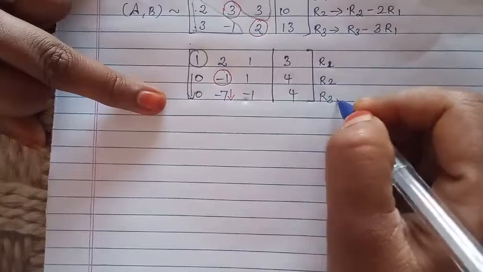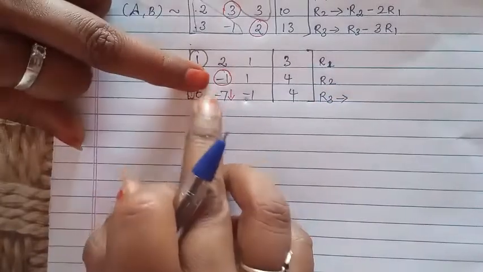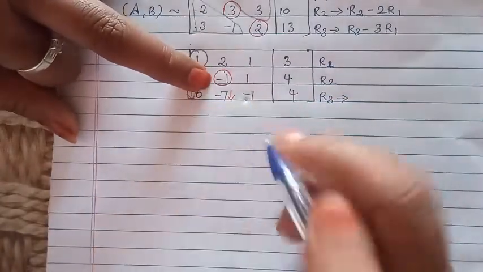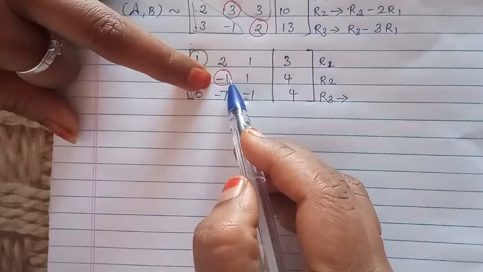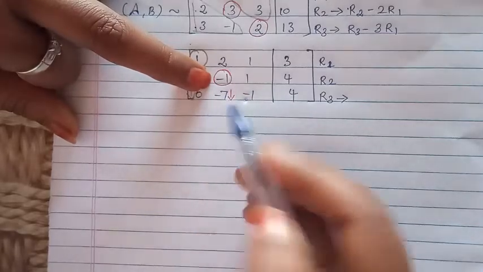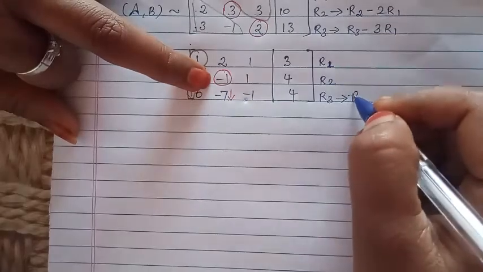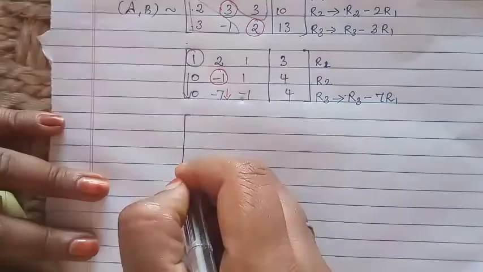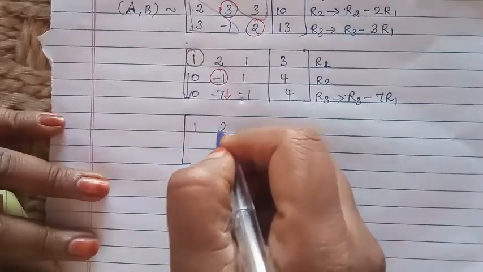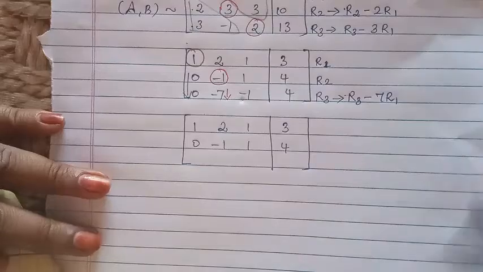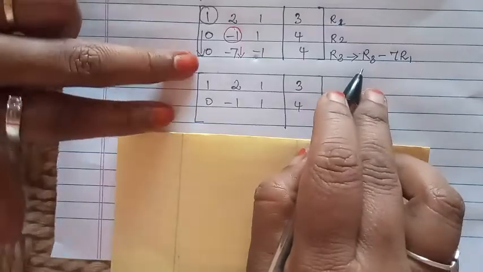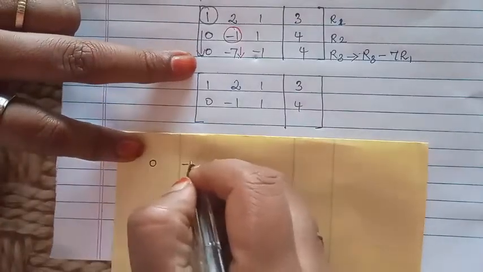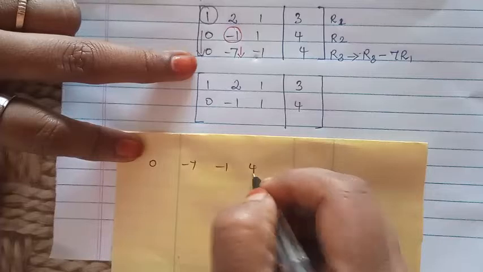How can you reduce that? Here it is minus 1, here it is minus 7. So when you multiply this with 7 and subtract it, you will get this as 0. So R3 minus 7 into R2. Write the rows which have no changes. We'll reduce row 3. So row 3 is 0, minus 7, minus 1, 4.